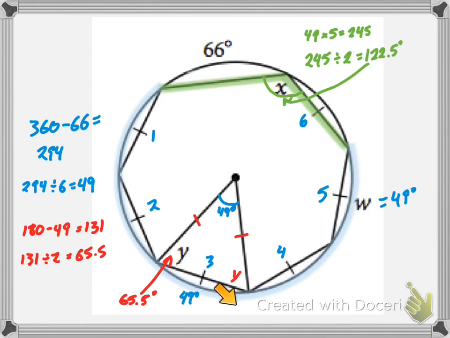But what is this intercepted arc? It is 49 times 5. 1, 2, 3, 4, 5, which is 245. And then if we just divide that by 2, because it's half of that, it's 122.5 degrees.